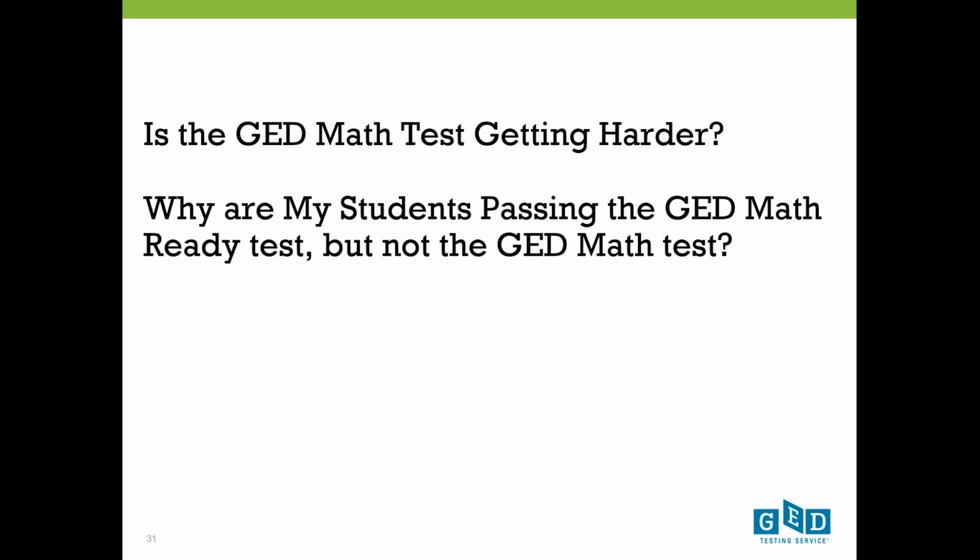There can be a feeling on the part of students that they can pass the practice test but not the operational test, and frequently that's based on two different things. One is that the GED Ready doesn't really give you a pass. You get a score of red, green, or yellow.